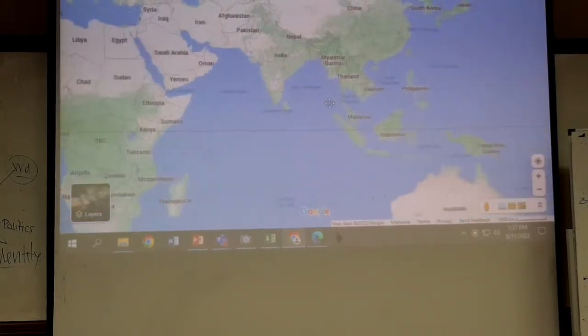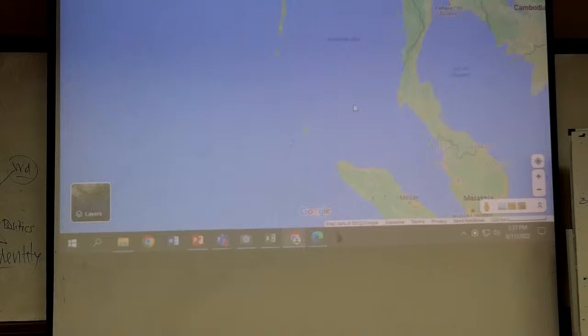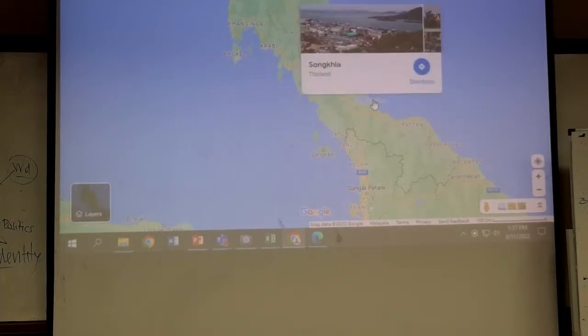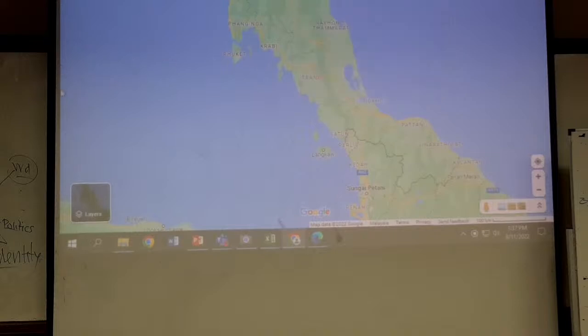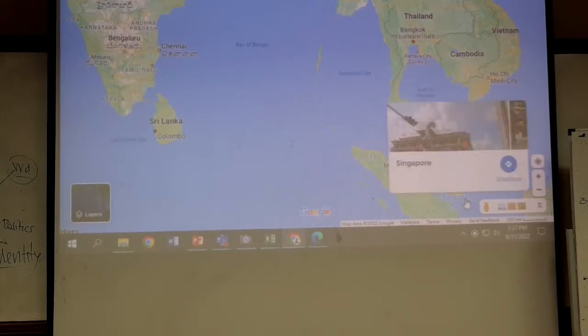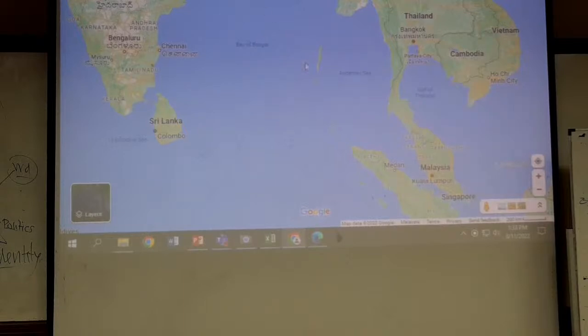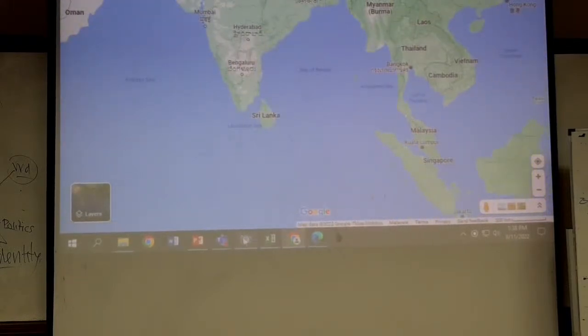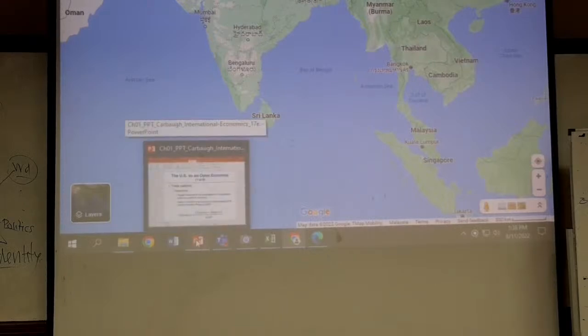Suppose, a long time ago, Thailand dug a canal here. Singapore would not be Singapore today because all the ships would go through here. Singapore would be nothing. You understand? Singapore is something today because all the ships must go here. So, see? Anyway, let's go back. Do you appreciate geography?